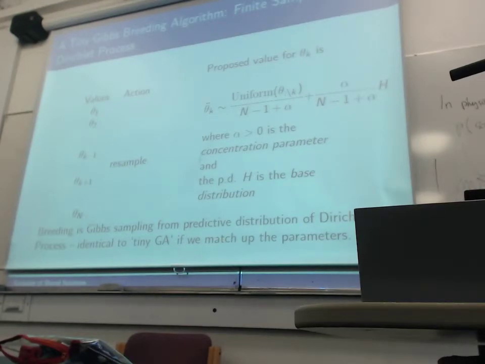So the probability of picking the ball on the second draw from this urn is 1 over 1 plus alpha. And if alpha is very, very small, you hardly ever pick H. The probability of picking H equals alpha over 1 plus alpha.